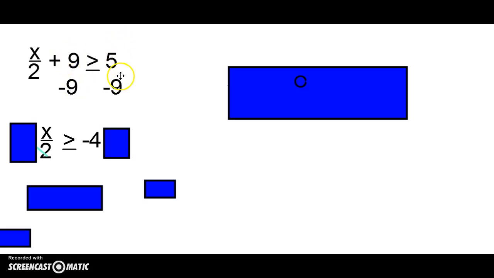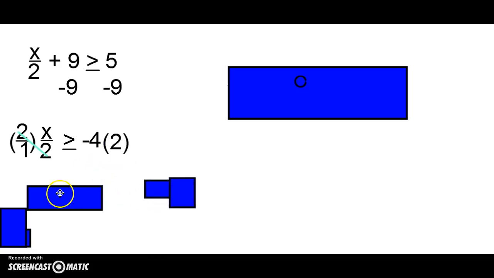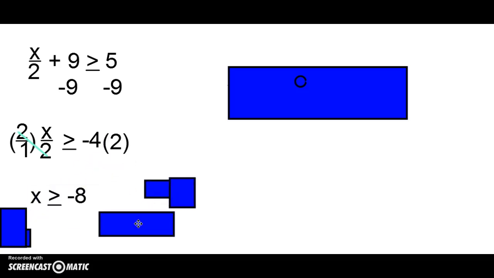And 5 minus 9, you'd say opposite signs. Subtract and take the sign with the larger absolute value. And so you'd have negative 4. Now you want to undo the fact that x is being divided by 2. So you would multiply times 2, multiply times 2, and x is greater than or equal to negative 8.